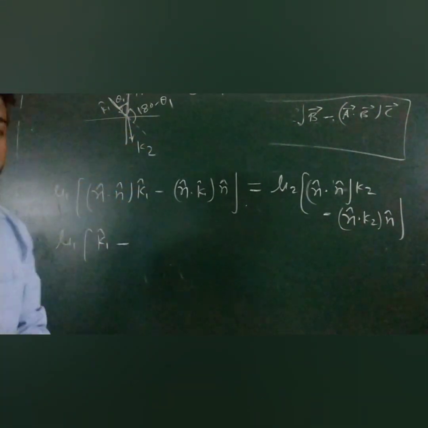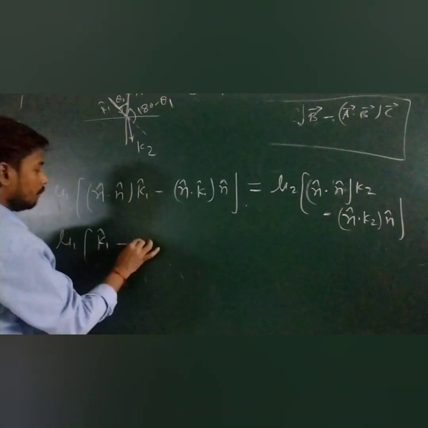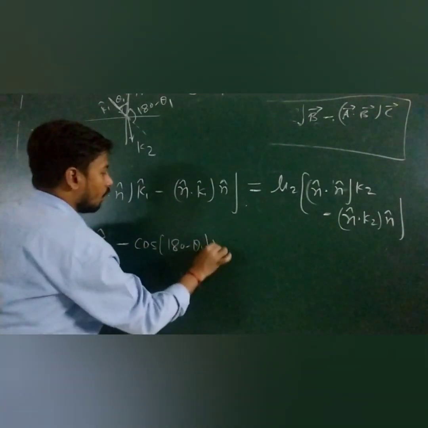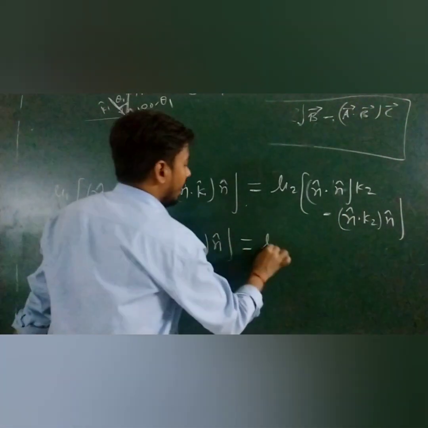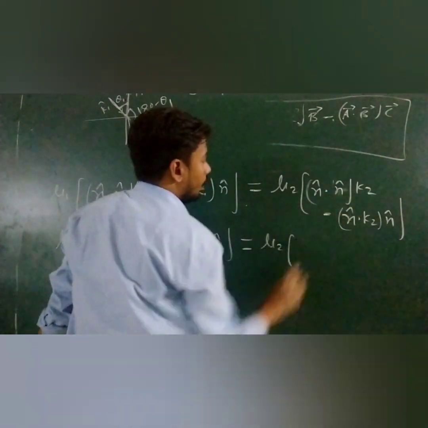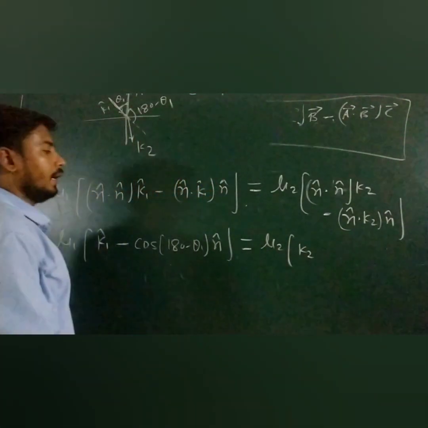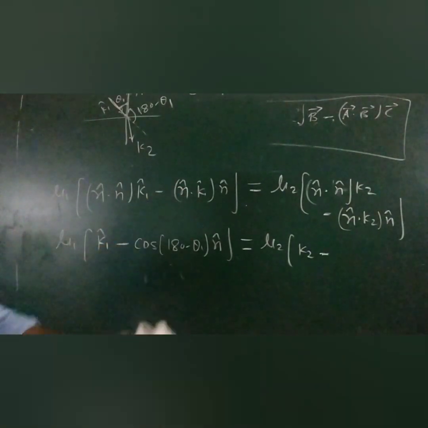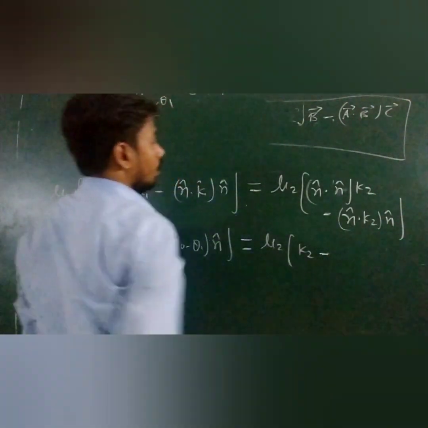And the angle between two vectors is taken when they have their tails at the same point. So this becomes cos(180 minus theta 1) N cap. Similarly we can write, mu2 times N dot N becomes 1, so this becomes K2 minus N dot K2.